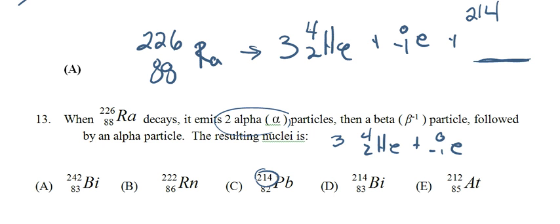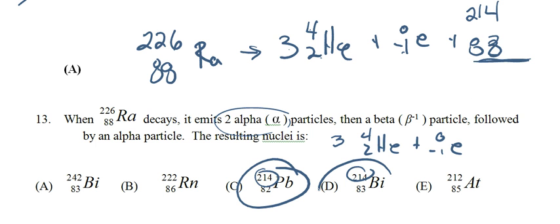Okay, so we have 214. And then 6 on the bottom, so 82. And whoever 82 is, lead. Okay. Oh, whoa. Almost did it too soon there. And then a negative 1, so we have to have an 83 there. Oh, slow down, cowboy. All right, so D is our best choice here.